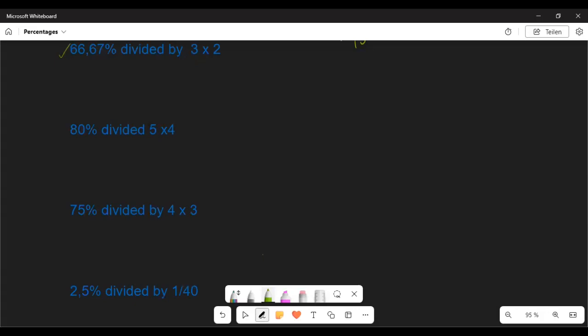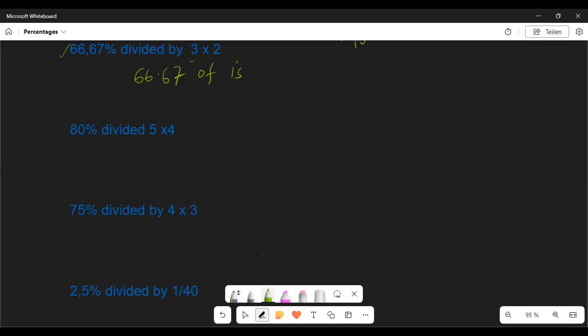So here, again, we can still take the idea of 15. So if we say, what is 66.67% of 15? Here, divide it by 3, and then multiply by 2.